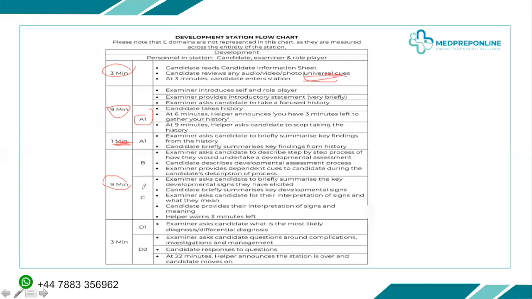Next, you will be tested on domain C, in which you will summarize the developmental signs and the developmental age of the child. When 3 minutes are left, you come to D1 and D2. This means clinical reasoning: what is your diagnosis, what is your differential, what are the complications, and how you are going to investigate and manage this case. So here comes the end of the 22-minute station.